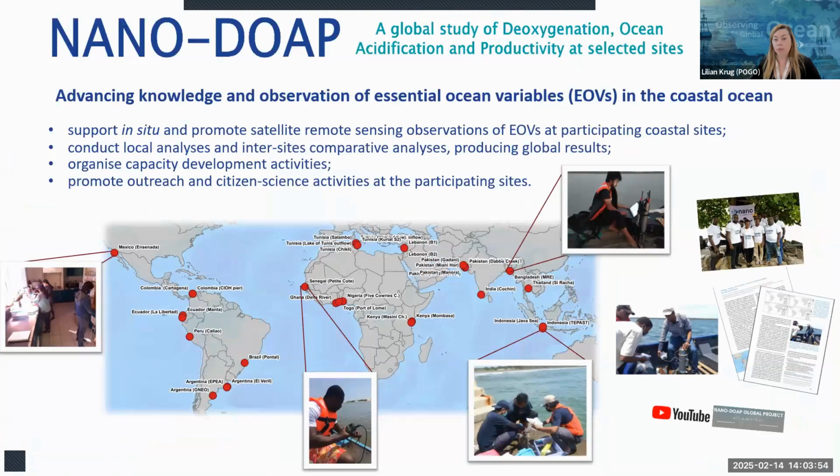NANO-DOAP is short for a global study of deoxygenation, ocean acidification, and productivity at selected sites. This project foments a network of coastal monitoring stations, which currently encompass 34 stations in 18 developing countries, all managed by members of NANO.